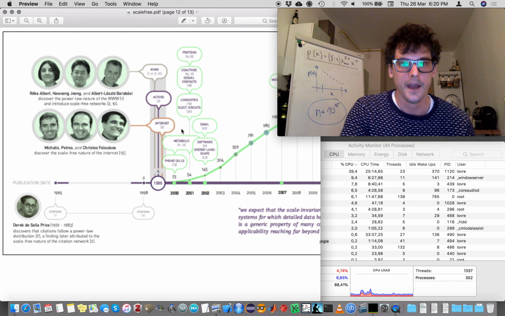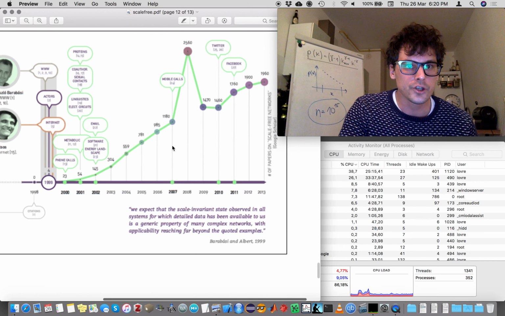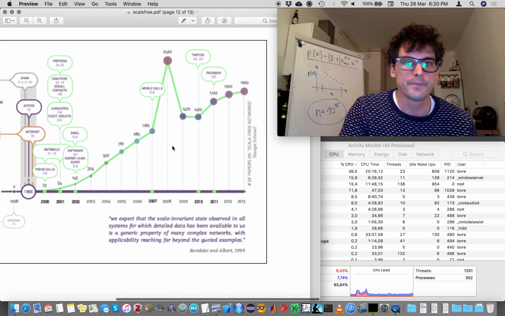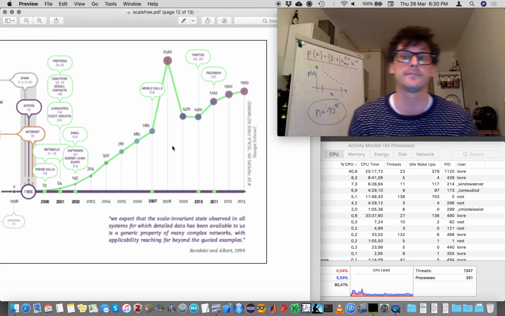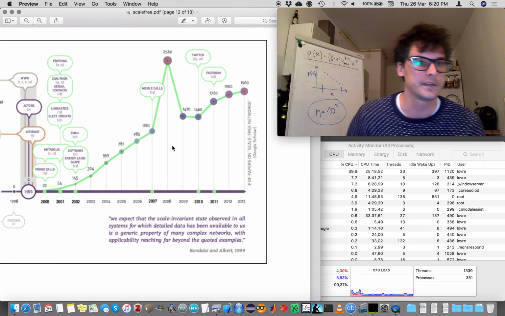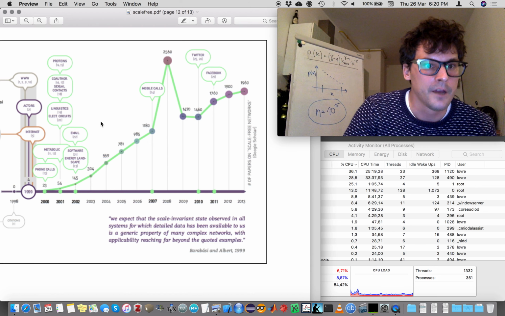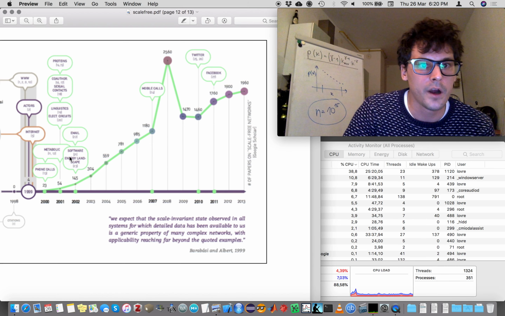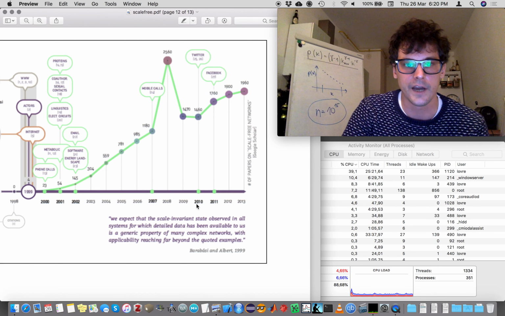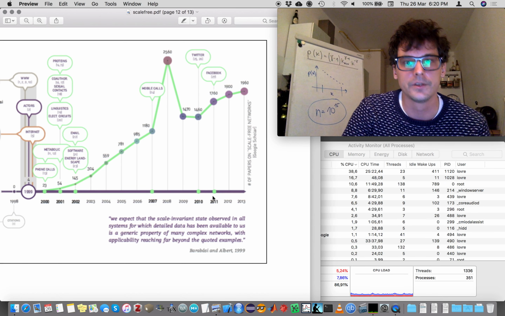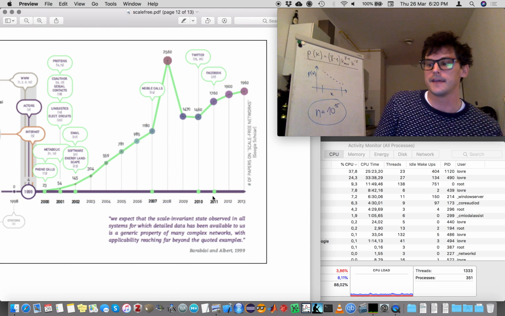And here is also a timeline of how people realized that other real networks also have a power law degree distribution. Here is, for instance, the email network, metabolic networks, in the case of Twitter in 2010, Facebook in 2011, and so on.